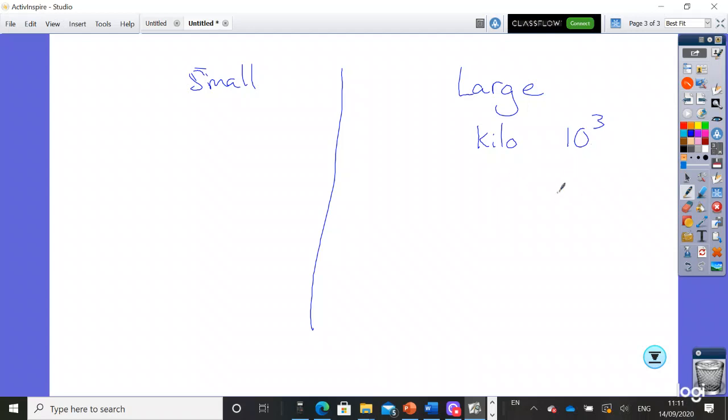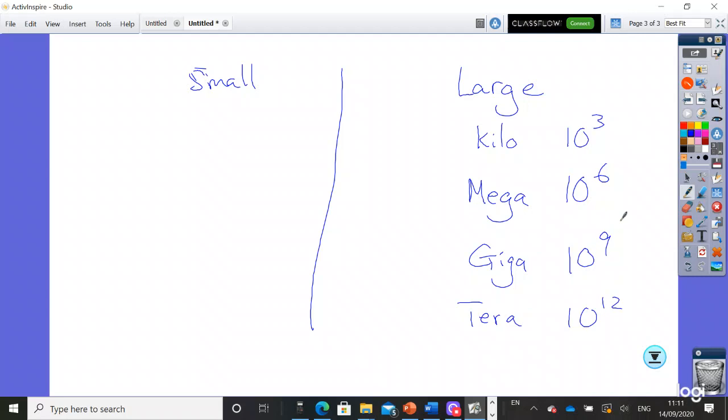So the next one is going to be 10 to the power of 6. What would that be called? Mega. Giga. Tera. Okay, that would do. So giga and tera. That is enough for the whole of the engineering course, I reckon.